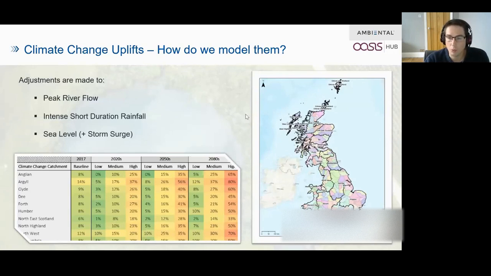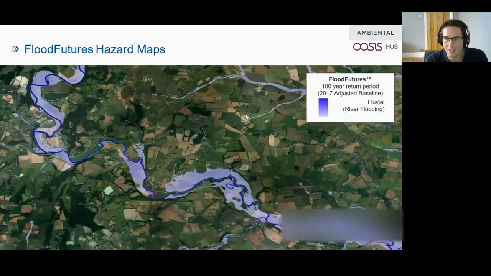This is essentially what we need in order to then hydraulically model the output, which then can give us the impact and therefore the full risk equation at the other side. So that's where I'm going to leave it at that. There's tons of information I've left out, of course, but essentially this is what we get. So this is, again, just looking at the 100-year, this is just a baseline for 2017, so essentially the now.